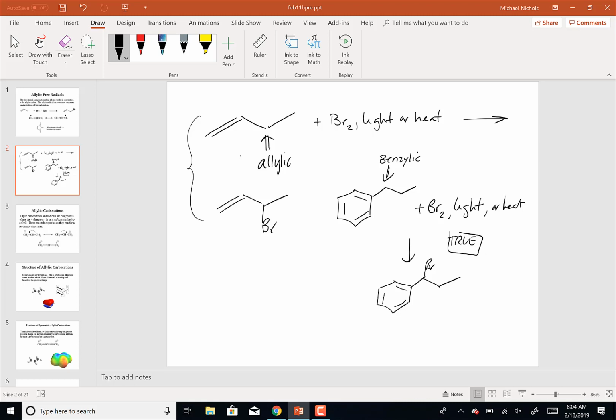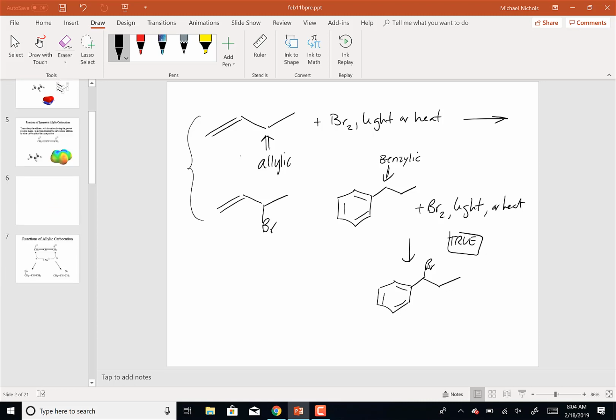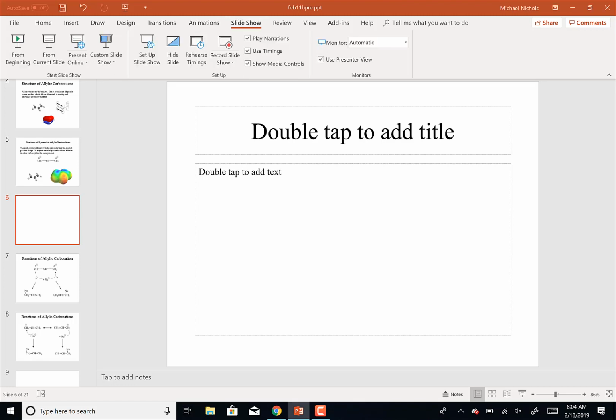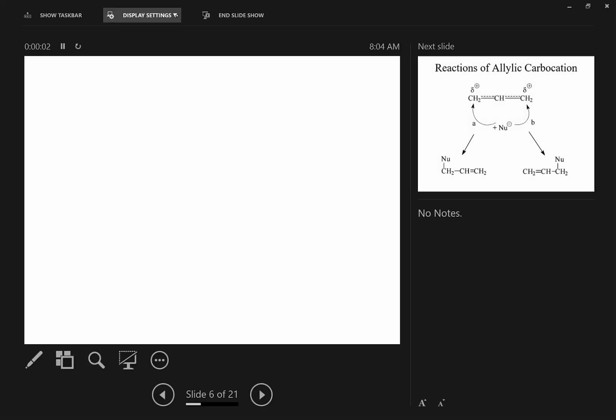What if I would have written that reaction with just, what if I just would have written it like this, and I would have left off the light or the heat? What would be the product of that reaction?